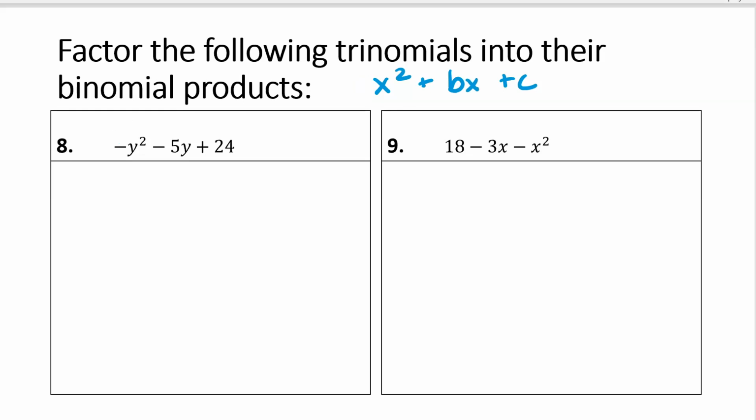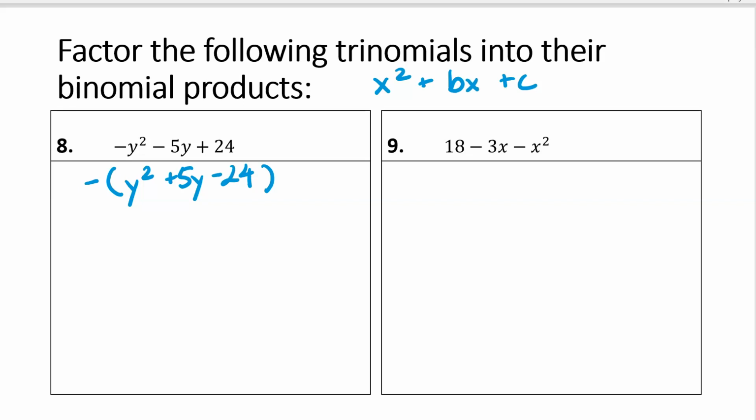So we'll factor out a -1. We don't have to write the 1, so we can just write this as a negative sign. And then in brackets, we'll have y squared plus 5y minus 24.